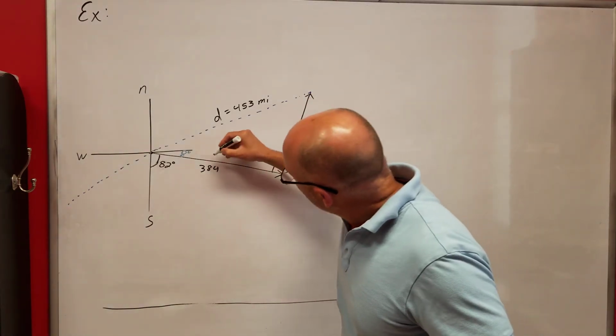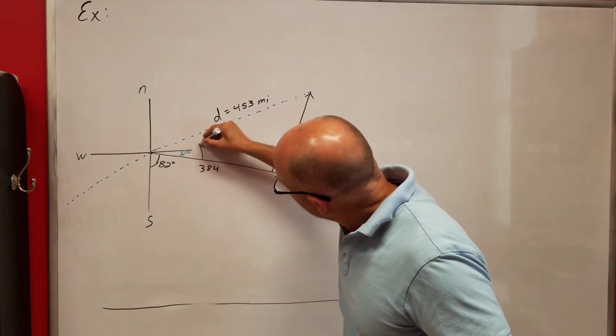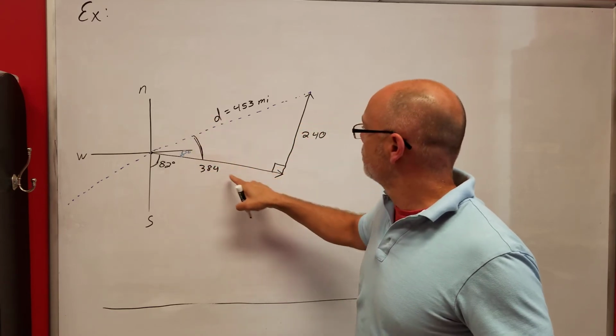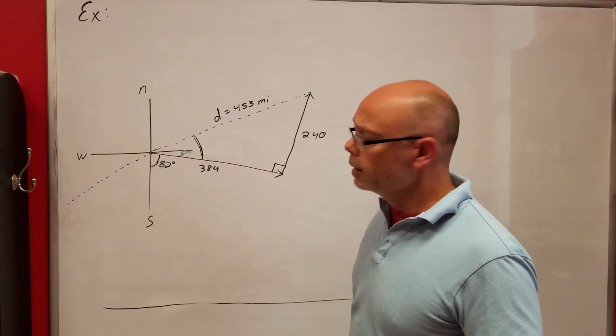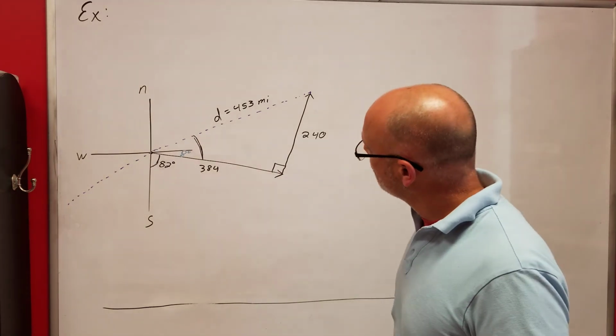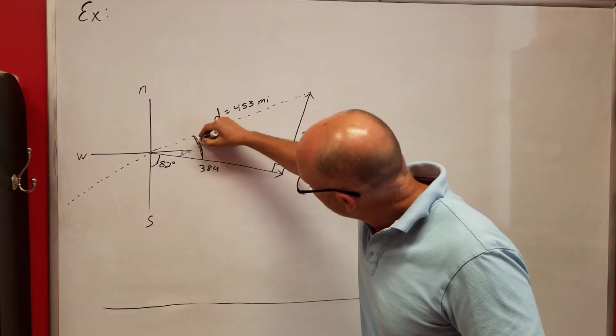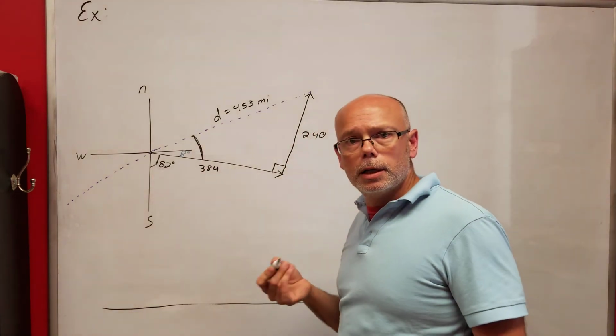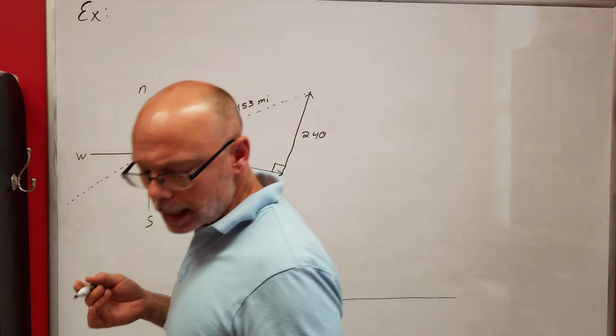Now let me find out what this angle is between the dashed line and this ray that's labeled 384. Let me call this angle some kind of unknown, maybe alpha, beta, theta, or whatever.